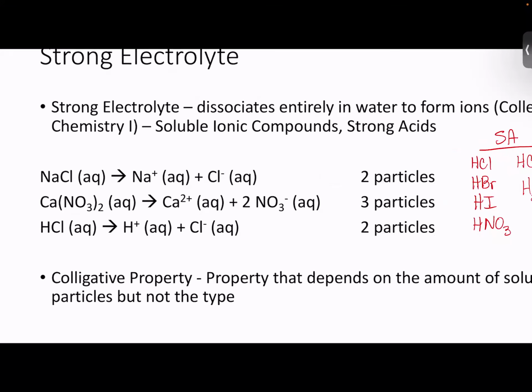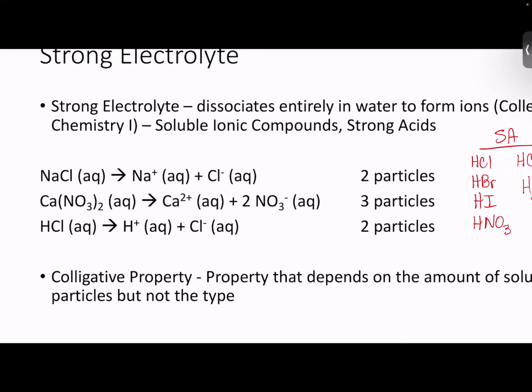Now, what do we mean when we say it's a strong electrolyte? For example, sodium chloride is an aqueous ionic compound, meaning it's soluble. Therefore, it dissociates to form sodium ion and chloride ion. Calcium nitrate, because of rule number 2 of the solubility rules, is a soluble ionic compound.